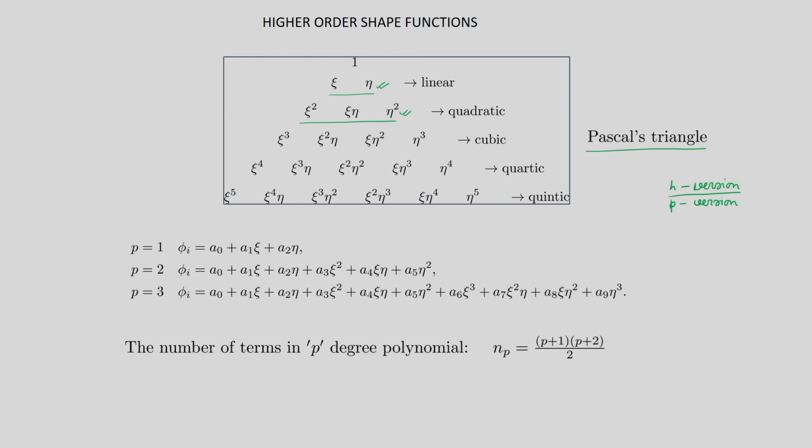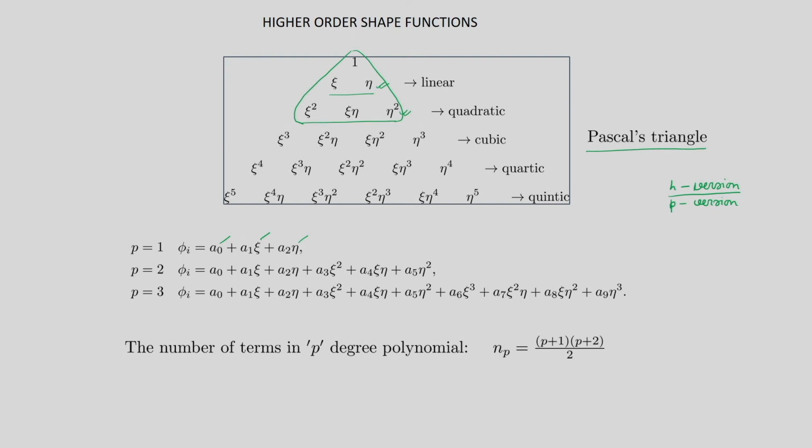Now, as we have already seen, for the linear case we have considered only the constant term, and the linear xi and eta terms. So, this picture shows that if we want to add the higher orders, we have to follow some strategy. If we want to do it for p equal to 2, we have to consider all the monomials that are in and above the rows corresponding to p equal to 2.